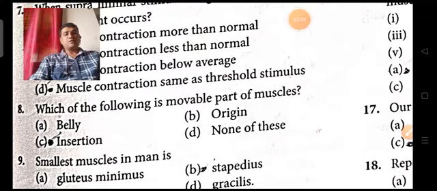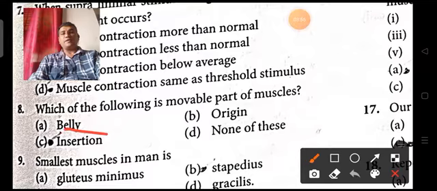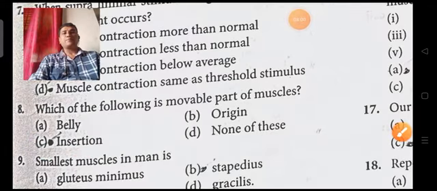The middle mass is called the belly, as we have already discussed, and the movable end is called the insertion. So the answer for this question is that the movable part is the insertion.